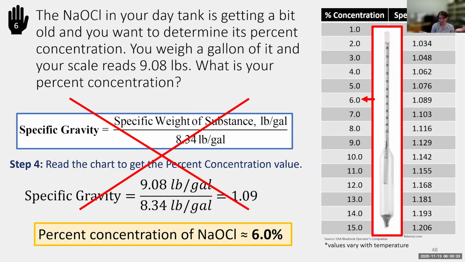So that's another way to do it without having to calculate specific gravity. Or if you're really into math and you like playing around with instruments, you could find the specific gravity both ways. You could calculate it using the equation, and you could measure it using the hydrometer. And so that might be a really good way to check your math and to see if your hydrometer is calibrated. All right, does anybody have any questions about specific gravity before we move on?